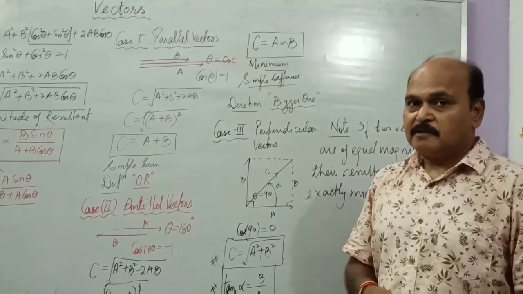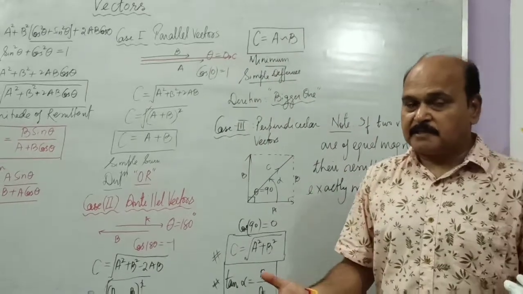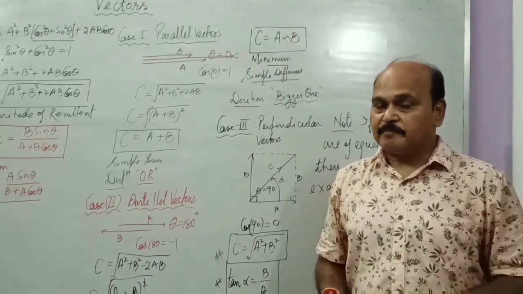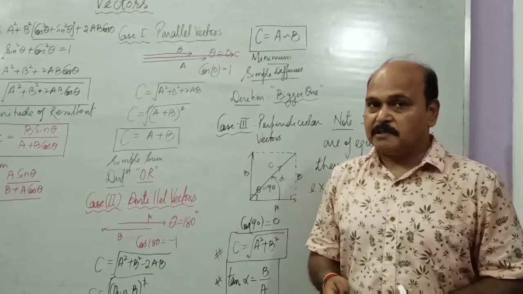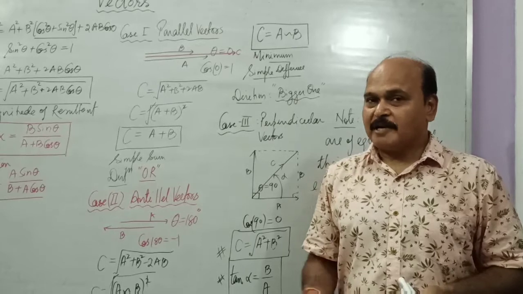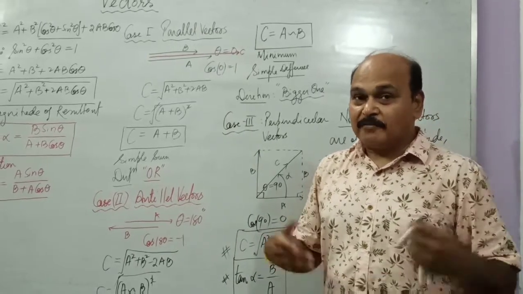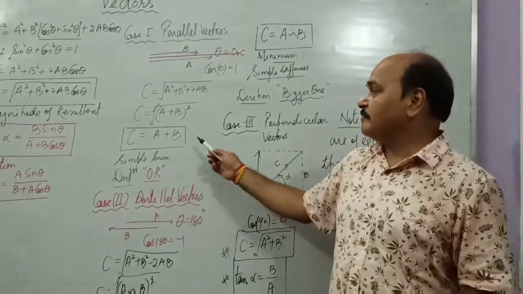So children, the result of all these three cases should be over your lips and tips. I am going to speak out all three results. The way I am speaking, you should also be able to speak out. Case 1 is for parallel vectors. If vectors are parallel, their vector sum is what? Simple sum.